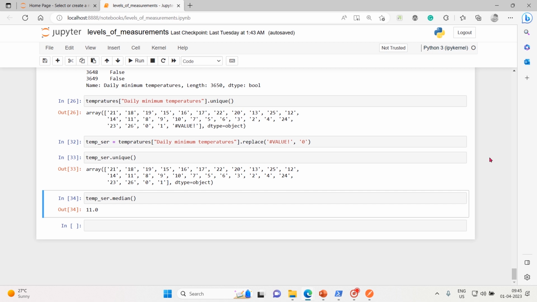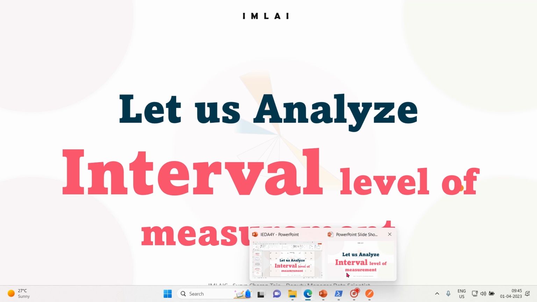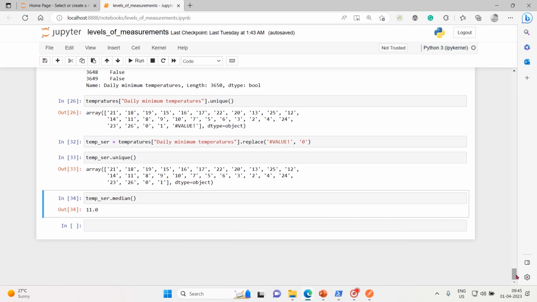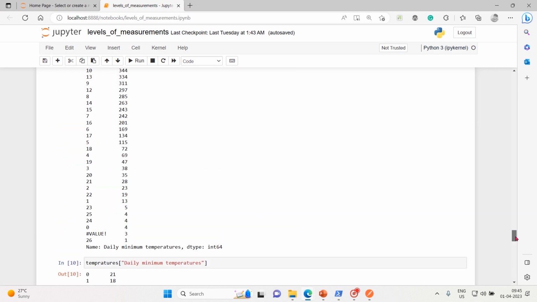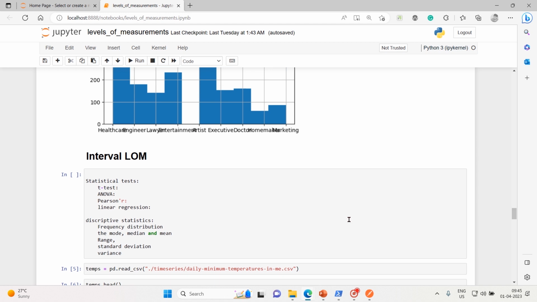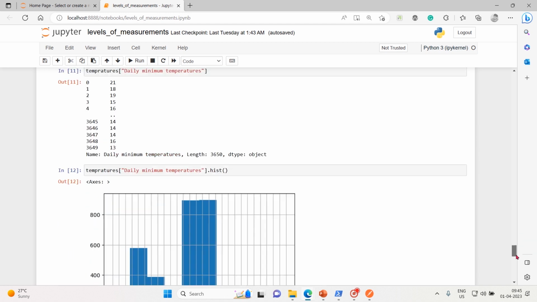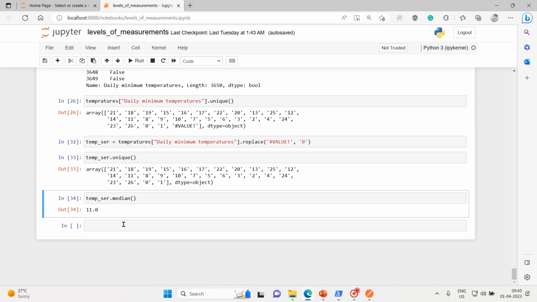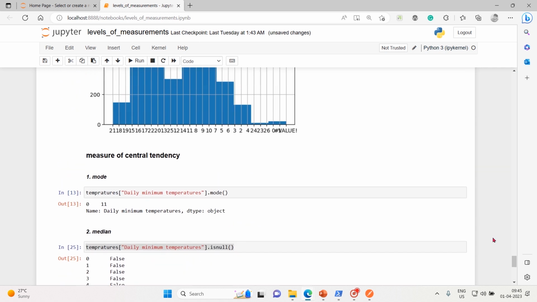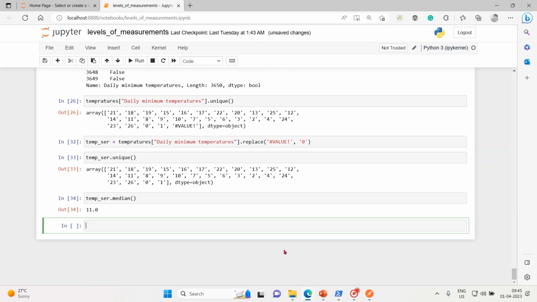Okay, so now let's look into one more method that we want to look at. Mode and median are covered. The next thing left for us is the mean, so let's do the mean. Mode and median are both done, now it's time to look into the mean.